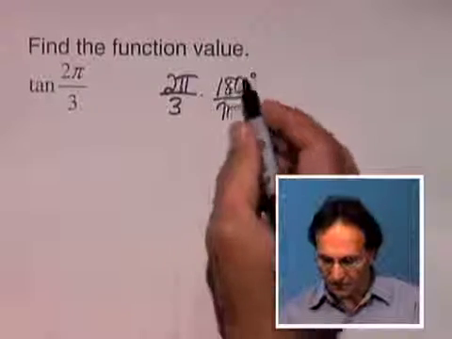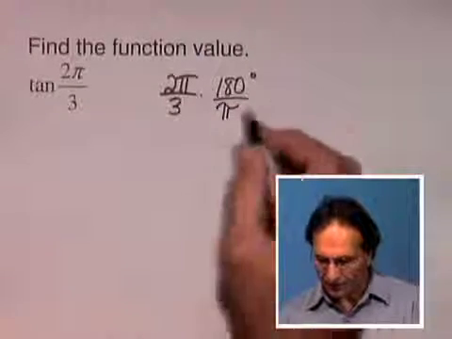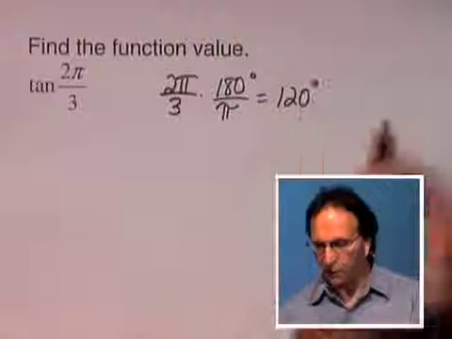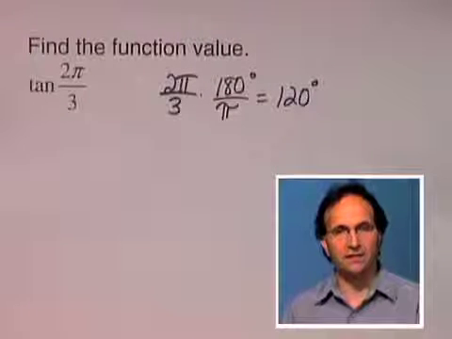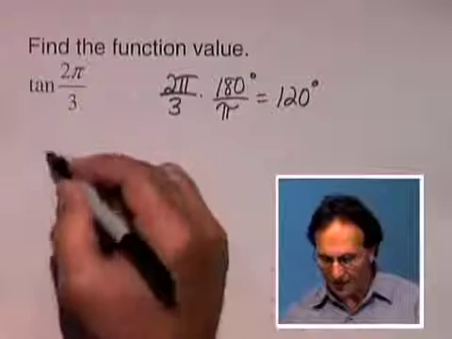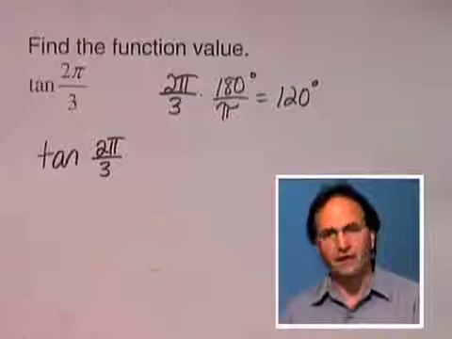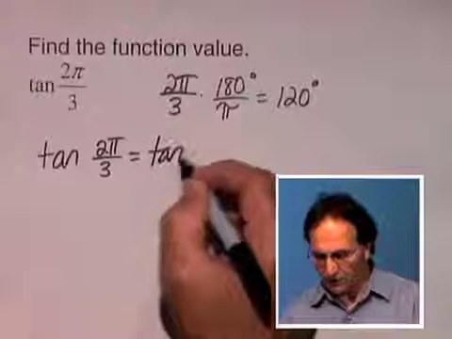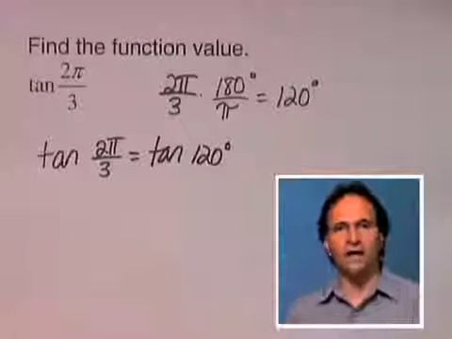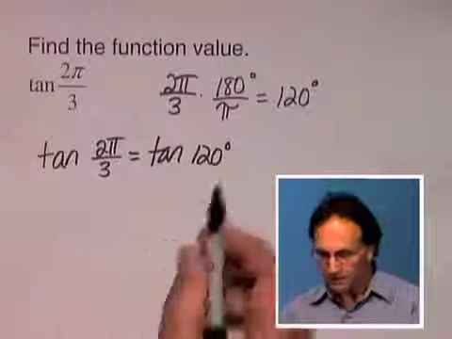And when we simplify everything here, we'll find that it's equal to 120 degrees. And so the tangent of 2 pi over 3 is equal to the tangent of 120 degrees.